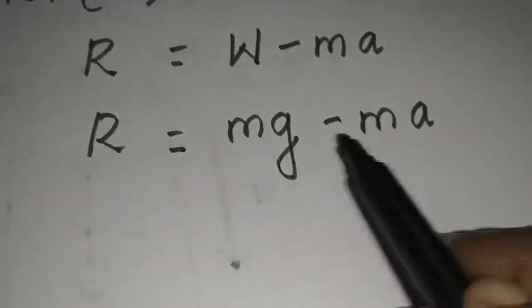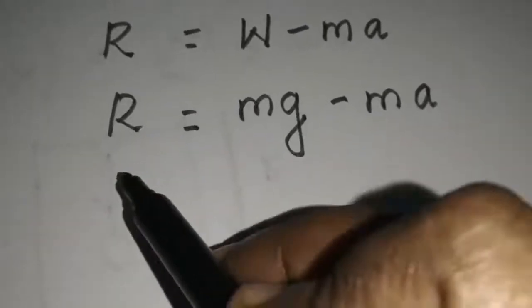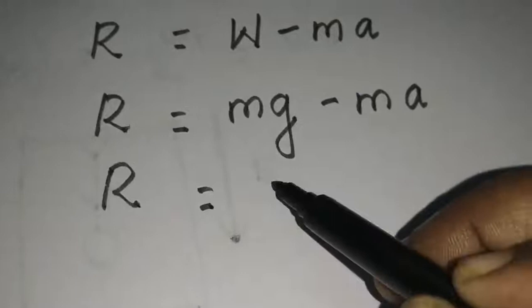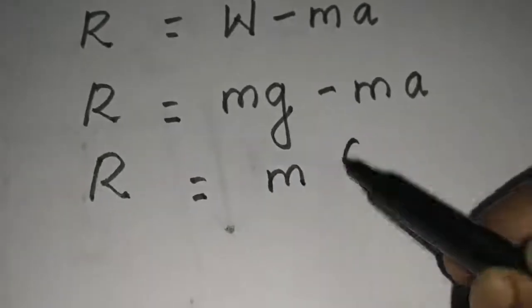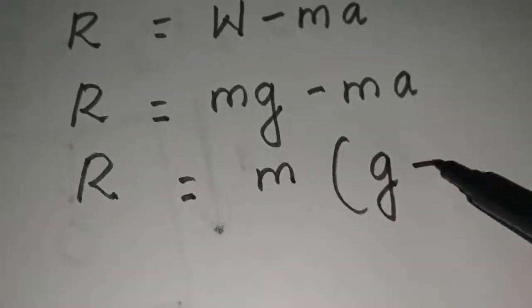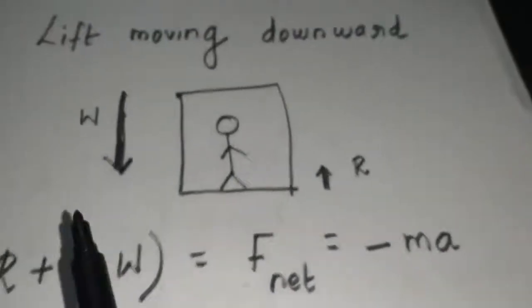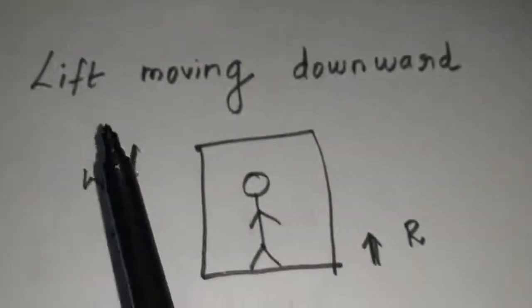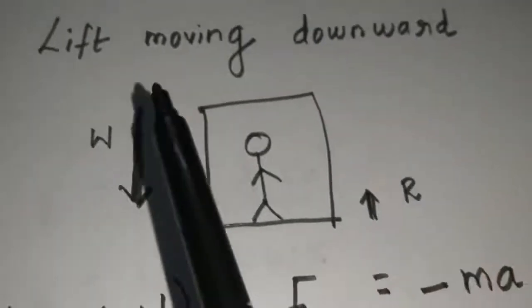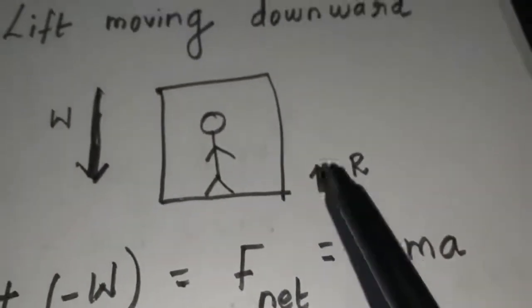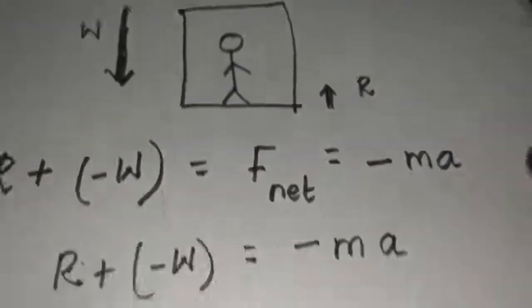In this term m is common, so we take it outside. So R equal to m(g minus a). So in the condition lift moving downward, actual weight W is greater than the apparent weight R.